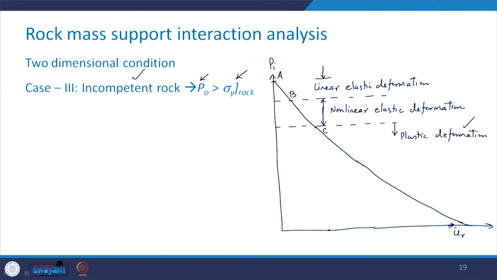Okay. Now, I take a few points. So, this point I name as E. Let us say I need to arrest the deformation corresponding to this point B. So, what is that? That is URB. So, only this much is allowed.